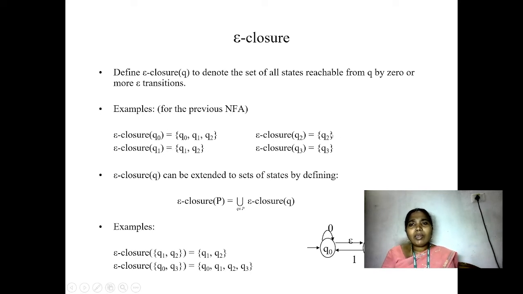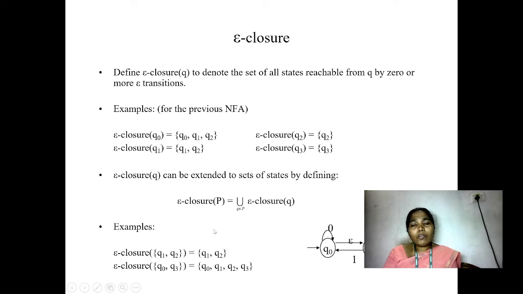For Q2, the resultant state is Q2. So the union is Q1, Q2. Now, what is the epsilon closure of Q0, Q3? It is the epsilon closure of Q0, which is Q0, Q1, Q2, union the epsilon closure of Q3. So it is the union Q0, Q1, Q2 and Q3.